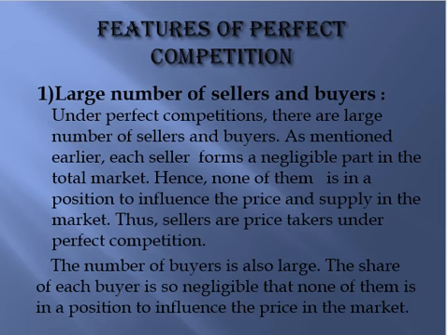And that is why the seller under perfect competition is a price taker. He has to take the price whatever the market has to offer for his product. Here, just as the number of sellers is large, the number of buyers is also very large. So, even they can't influence the price in the market, which has been prevailing.